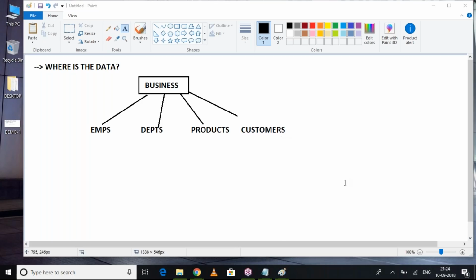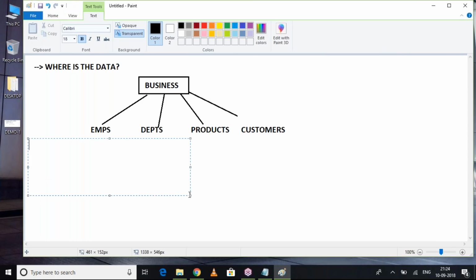From each object, the data will be generated. So the above components are known as objects, or business objects, or entities.